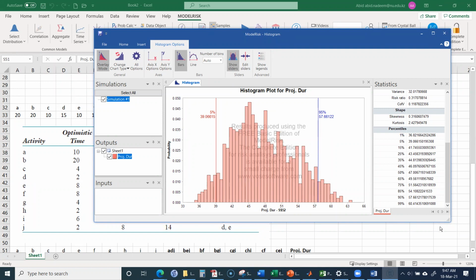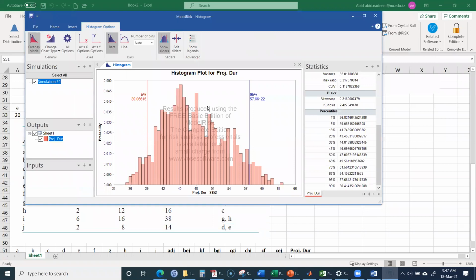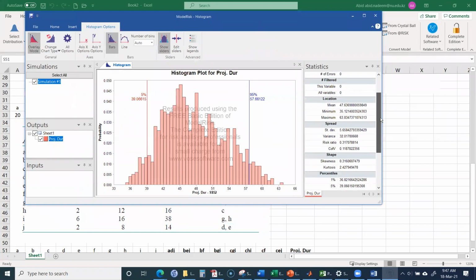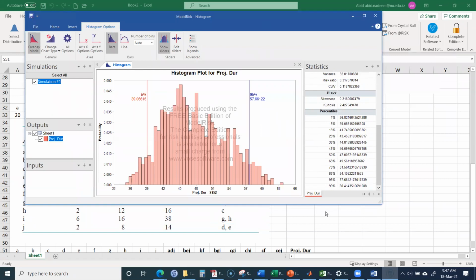So as you can see, this Monte Carlo simulation using the model risk is providing us some very useful information about how and when the project will be completed.